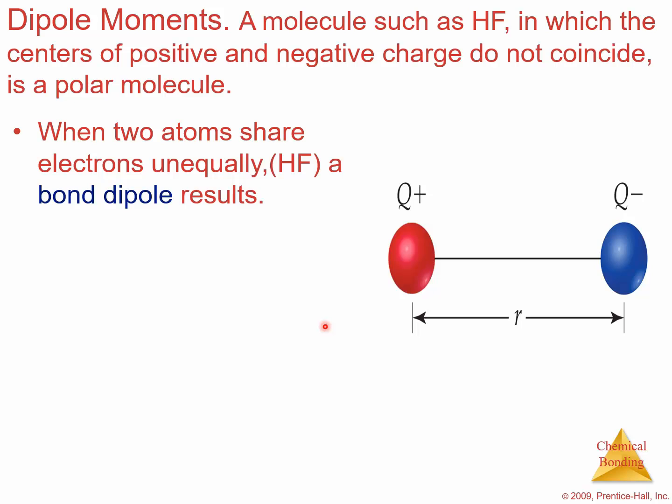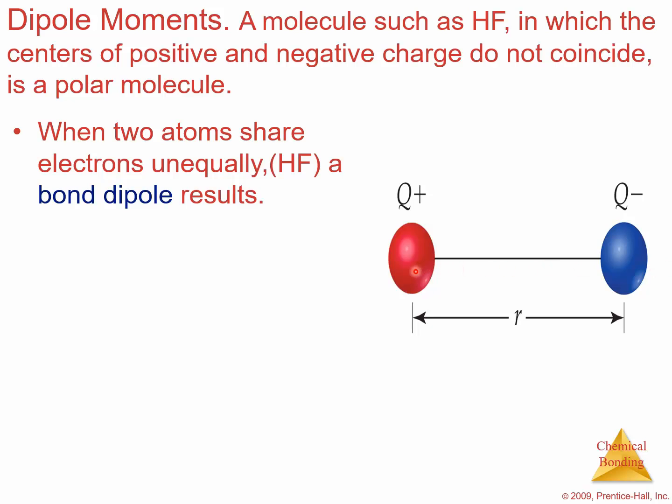The difference in electronegativity between hydrogen and fluorine leads to a polar covalent bond in the HF molecule. As a consequence, there is a concentration of negative charge on the more electronegative fluorine atom, leaving the less electronegative hydrogen atom with a positive charge here.